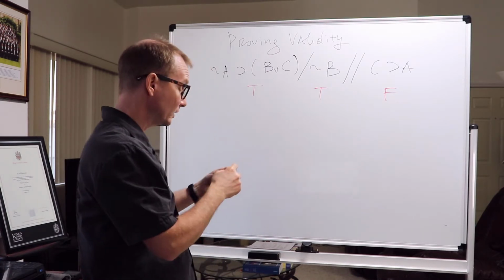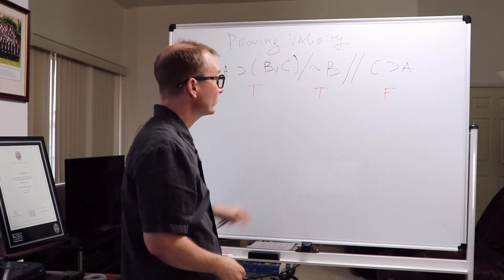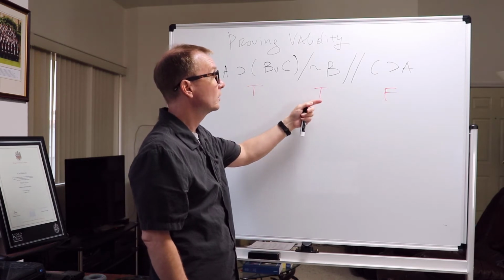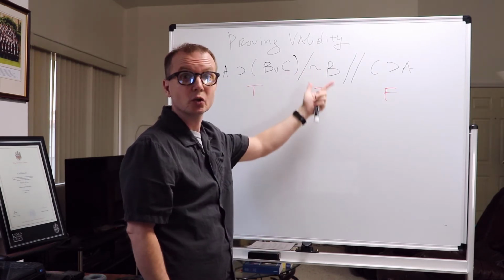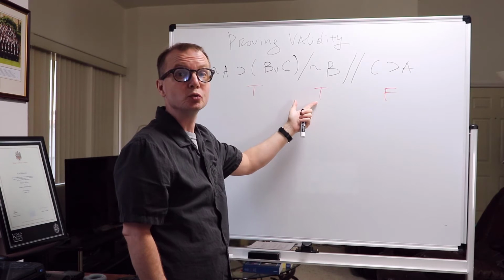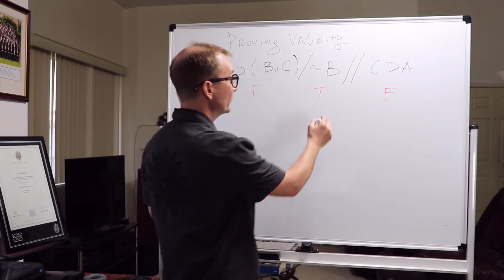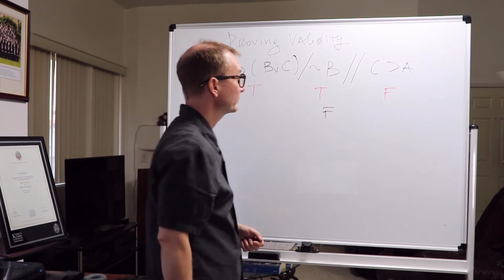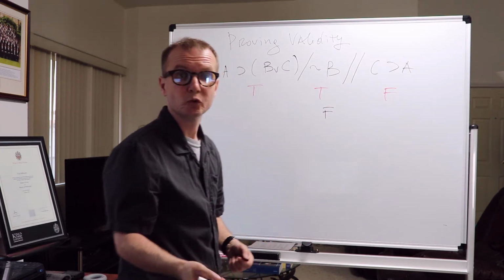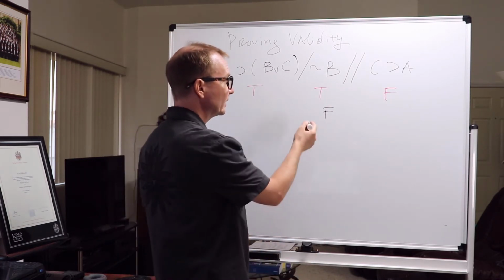We can immediately see that, for example, right here, in order for this premise, not B, to be true, what is B supposed to be? Well, B, of course, is supposed to be false, right? So we have the value for B. B has to be false.